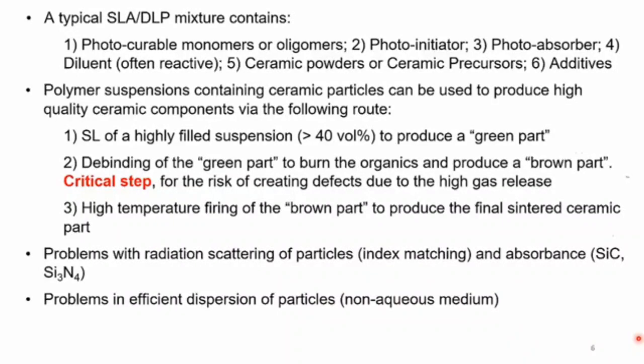Often you have a diluent, often reactive, and then you need to add your ceramic powders, or you can have a ceramic precursor, such as a preceramic polymer or sol-gel materials. And you can also have additives.